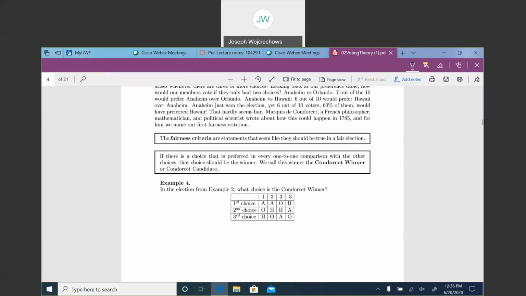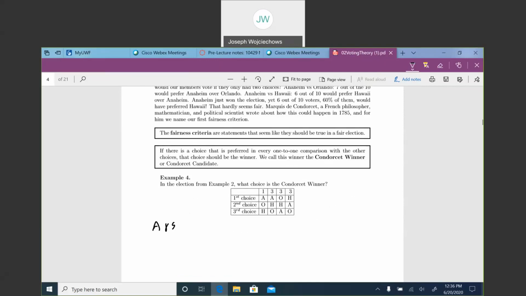So let's look here, back to our first election, and we look at each of the pairings. So Anaheim versus Orlando, Anaheim versus Hawaii, and Orlando versus Hawaii. So Anaheim versus Orlando.